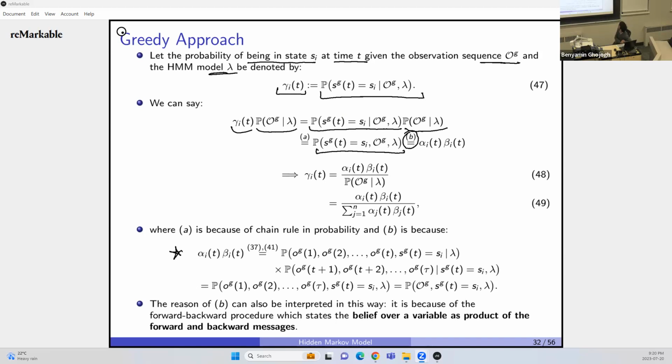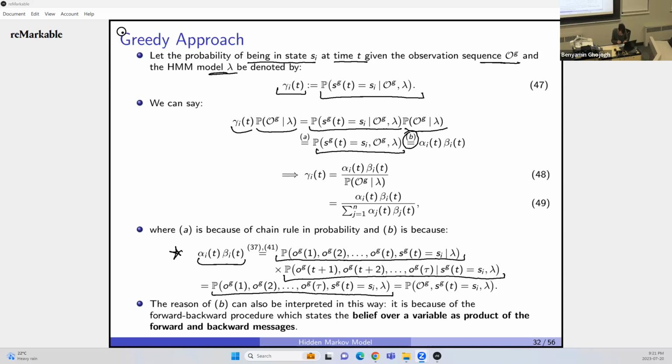Consider alpha i(t), beta i(t), according to equations 37 and 41, which we found for alpha and beta. This is the definition of alpha. This is the definition of beta that we had. If you multiply these two by the chain rule, it becomes the joint probability of them.